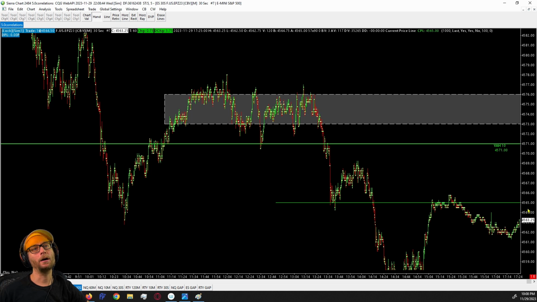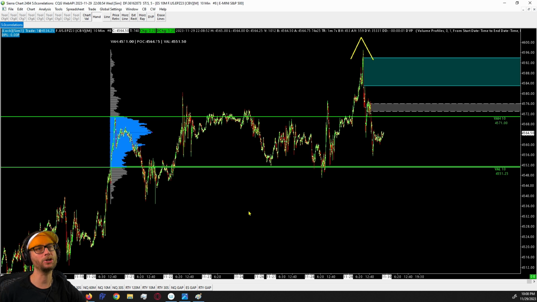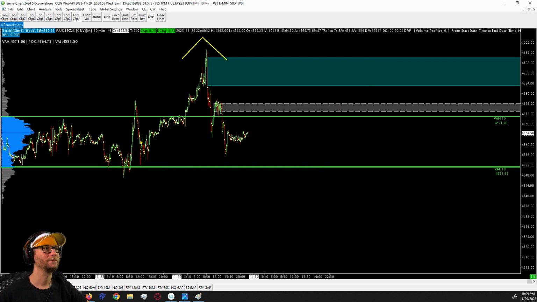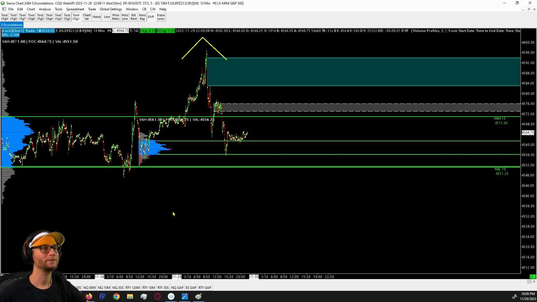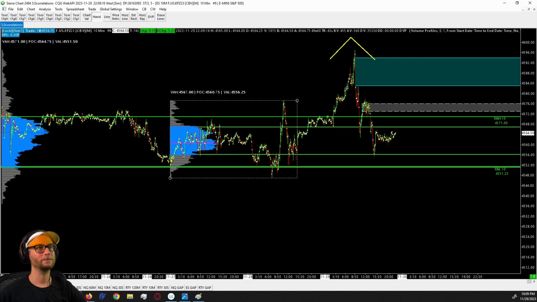And then I could have picked up 44 ticks because there was a value zone down here on the higher time frame. On the 10-minute chart, if I'm not mistaken, the way I did it, there was something down here. Might have been this one right here, or something like that.